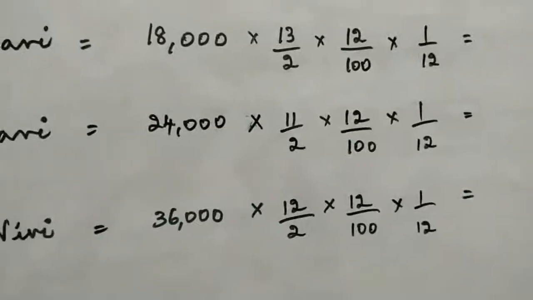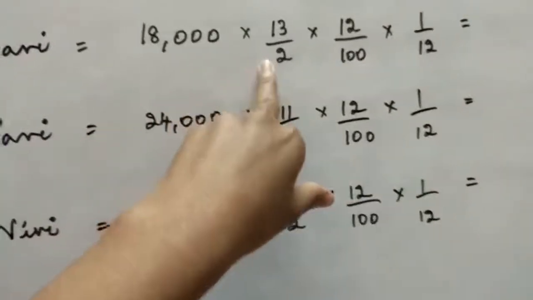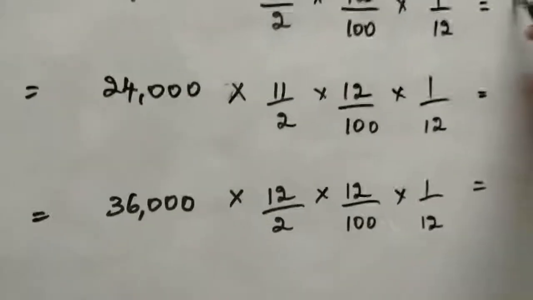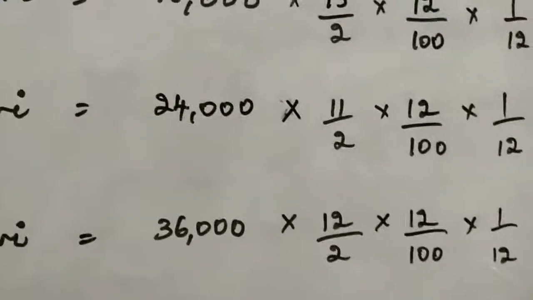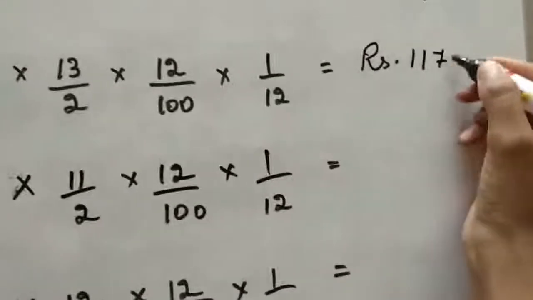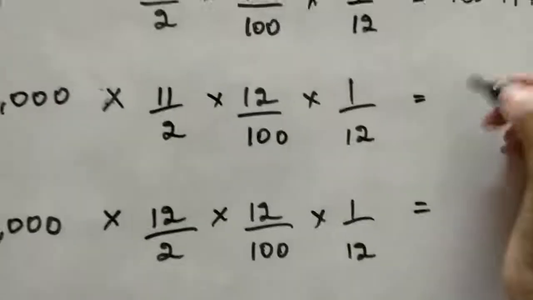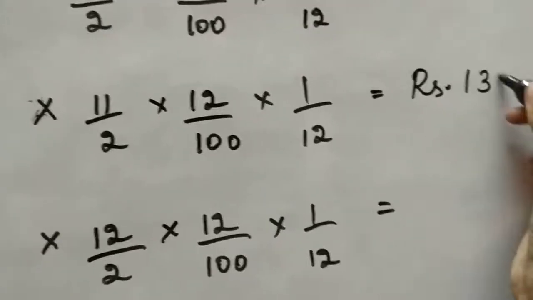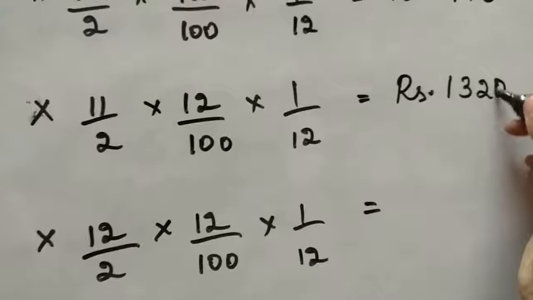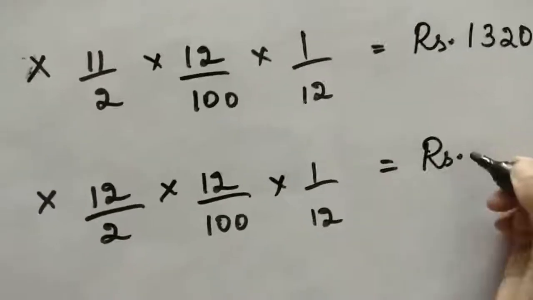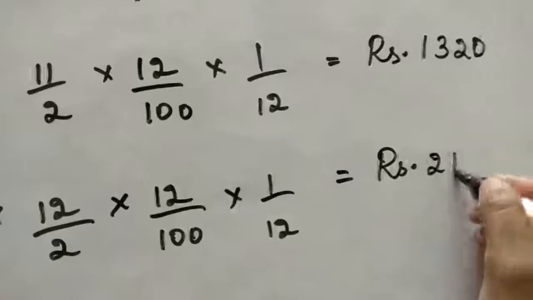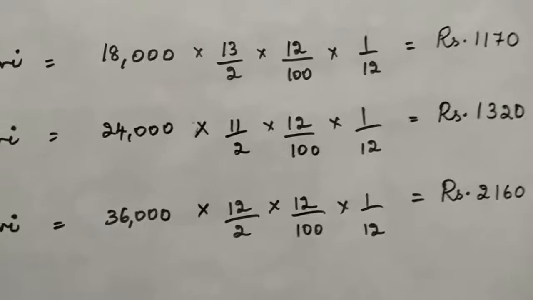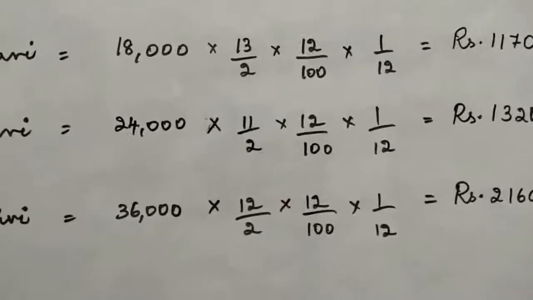So going for the calculation, 18,000 into 13 by 2 into 12% into 1 by 12 for Savi, I get rupees 1,170. Next for Pavi, rupees 1,320. And then for Nivi, rupees 2,160. So I want you people to calculate and check the answers once to make it clear.